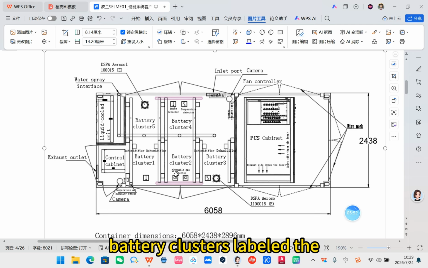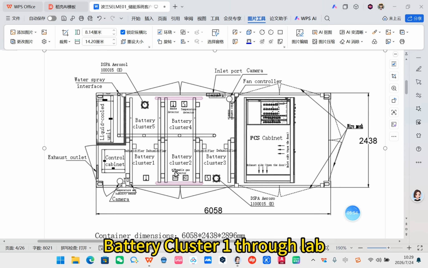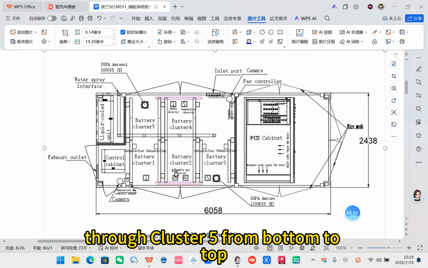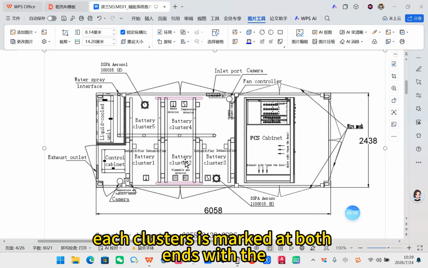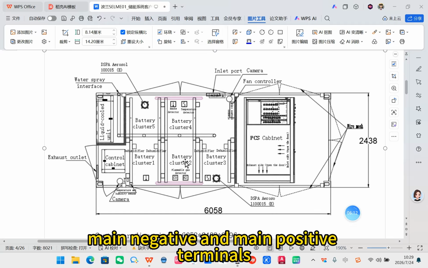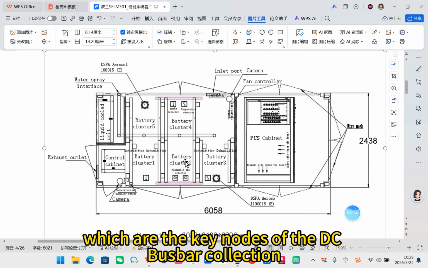There are 5 battery clusters, labeled cluster 1 through cluster 5, from bottom to top. Each cluster is marked at both ends with the main negative and main positive terminals, which are the key nodes of the DC busbar collection.